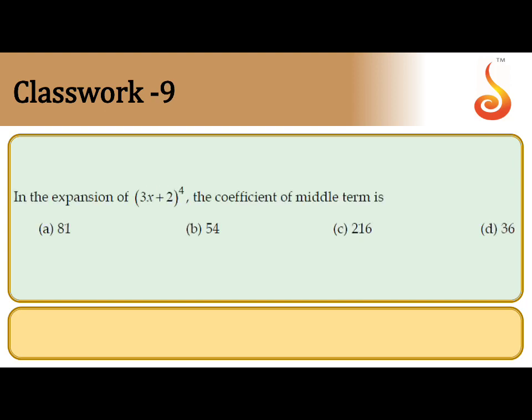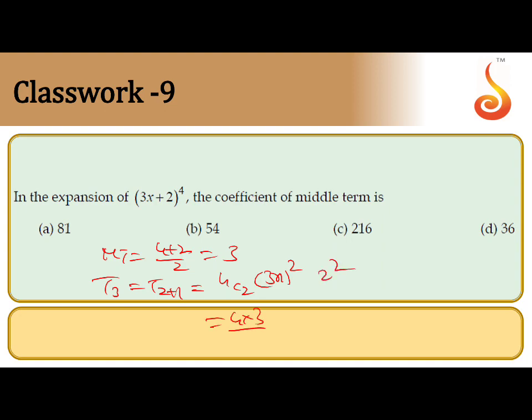So, in the expansion, the coefficient of the middle term. Same thing, here n is even. So the middle term is 4 plus 2 by 2, that is 6 by 2, which means 3. So the third term is the middle term, T3 as T2 plus 1. First you have to find the middle term: 4C2 into 3x power 2 into 2 power 2. 4C2 is 4 into 3 by 2 into 1, into 9x square into 4.